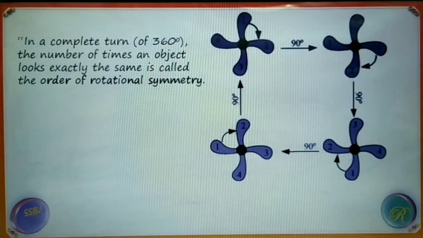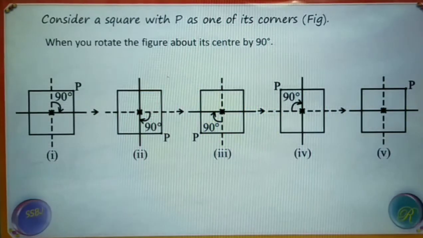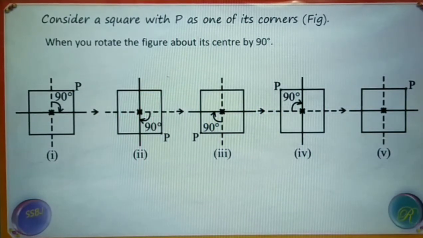A half turn means rotation by 180 degrees and a quarter turn means rotation by 90 degrees. Rotation may be clockwise or anti-clockwise. Consider a square with P as one of its corners.